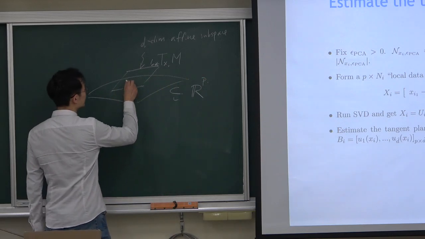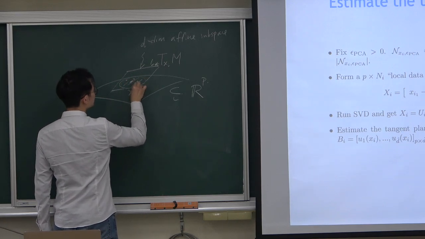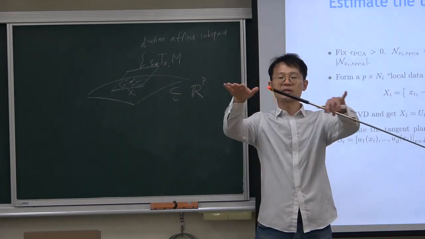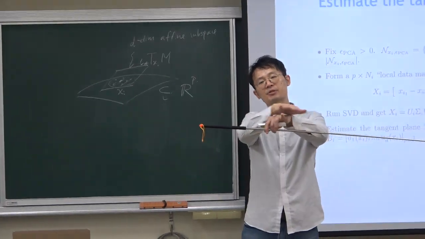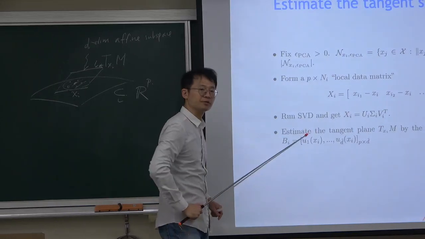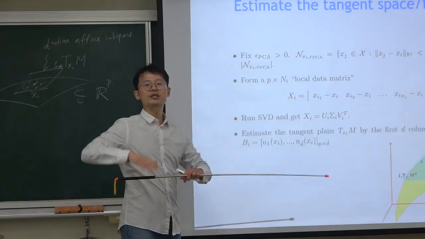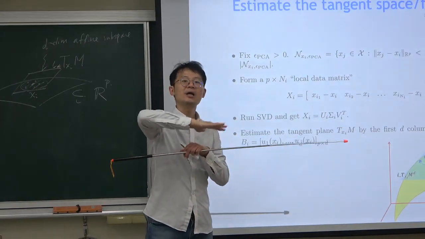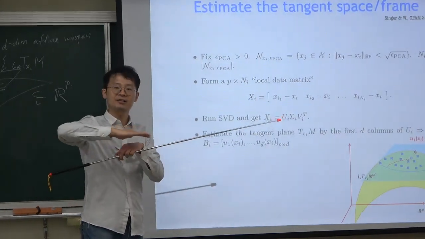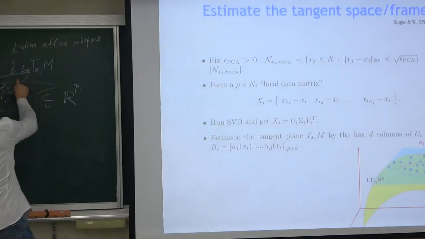So what it tells you is that locally near x_i, all the points in the neighborhood can be well approximated by a d-dimensional subspace. So if you apply the singular value decomposition, the top d singular vectors will approximate this tangent space.